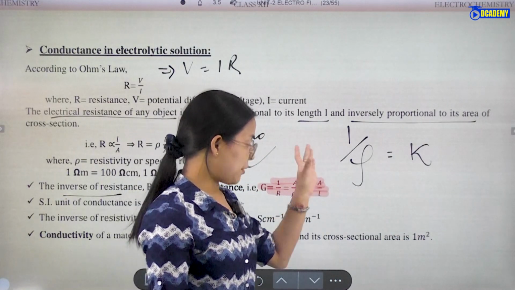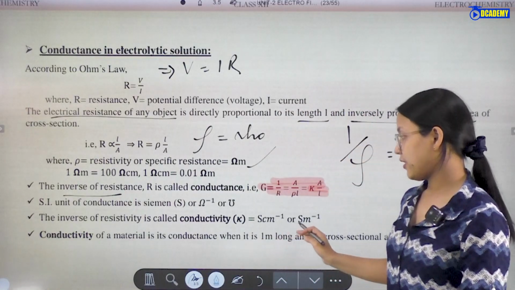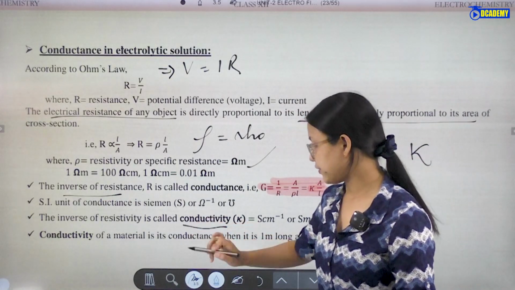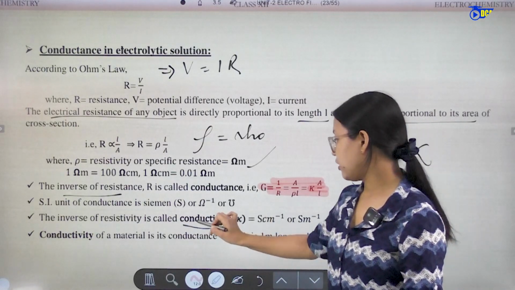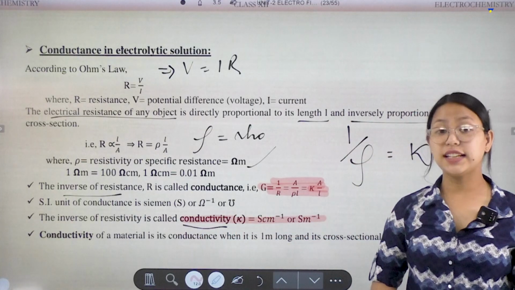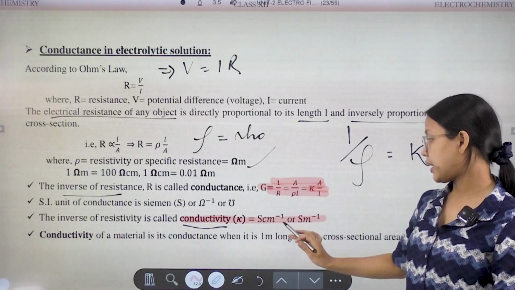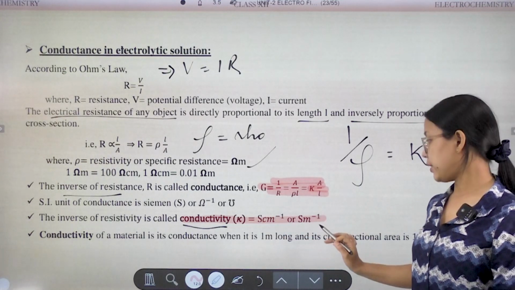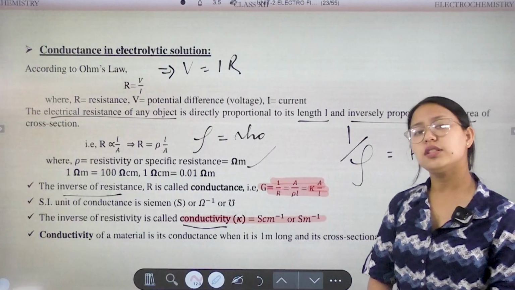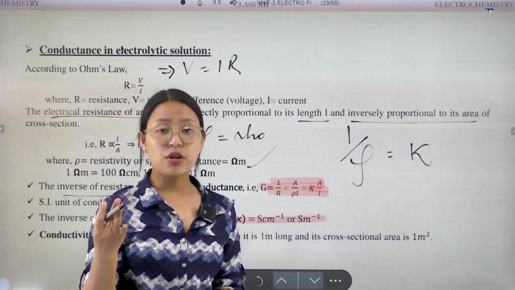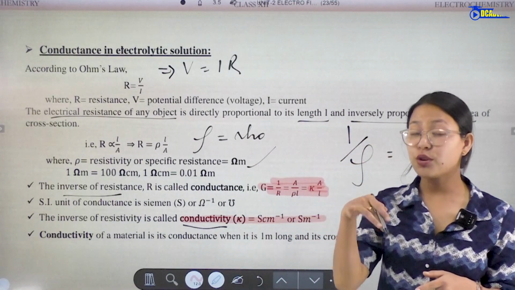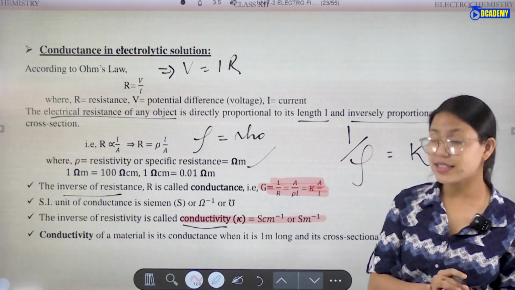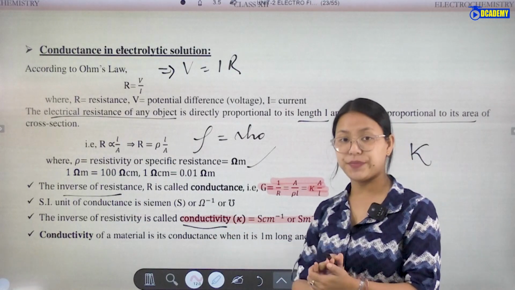It is the conductivity. Kappa is the conductivity, and its unit is Siemens per centimeter or Siemens per meter. So the inverse of resistance is the conductance and the inverse of the specific resistance is the conductivity.